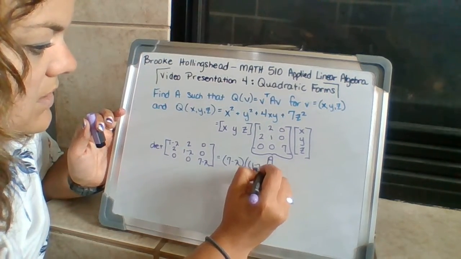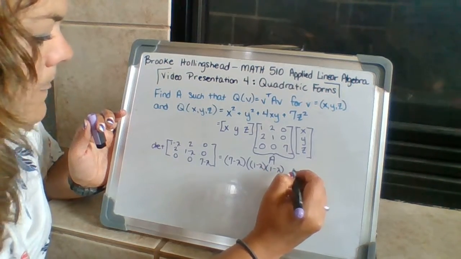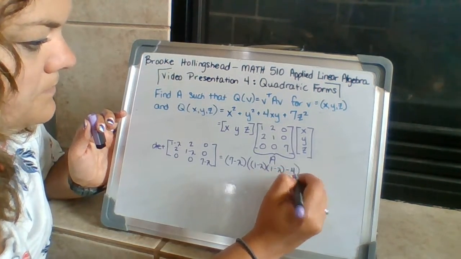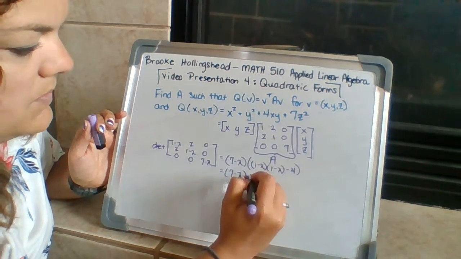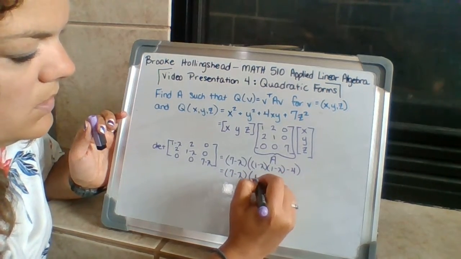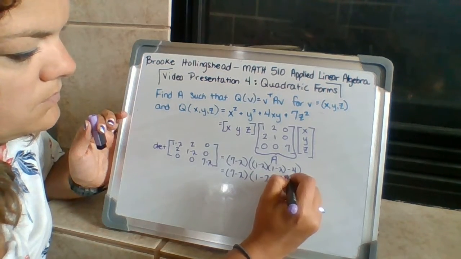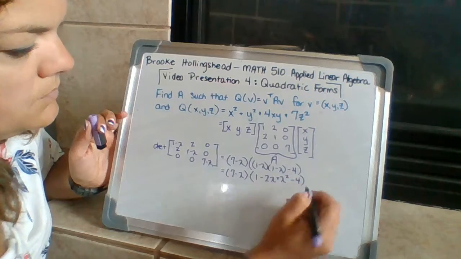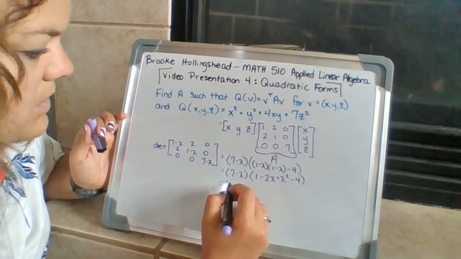So I have 1 minus lambda, 1 minus lambda, minus 4. When I multiply these out, I get 1 minus 2 lambda plus lambda squared minus 4.